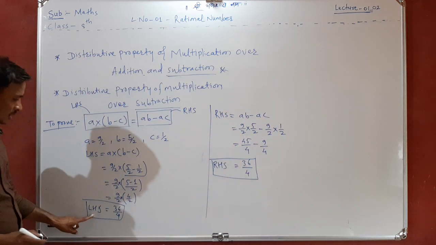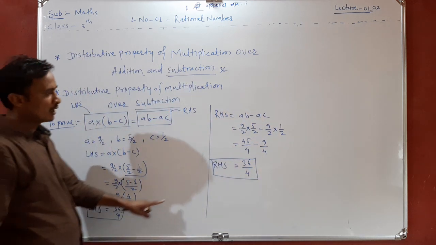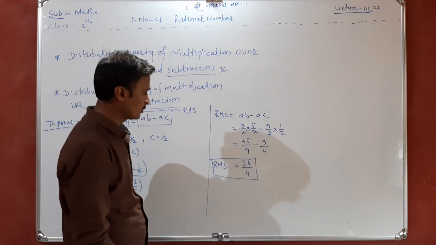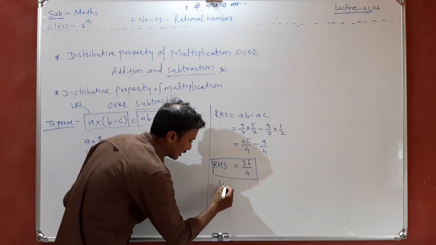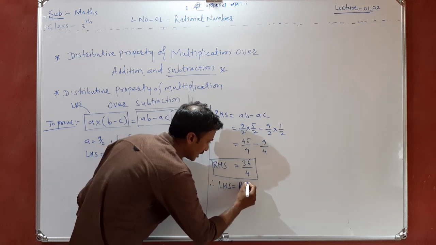Now let us observe LHS is equal to 36 upon 4 and RHS is equal to 36 upon 4, and hence you can write LHS is equal to RHS.